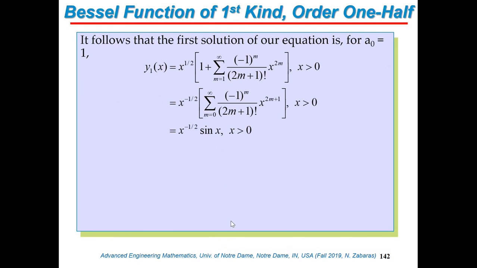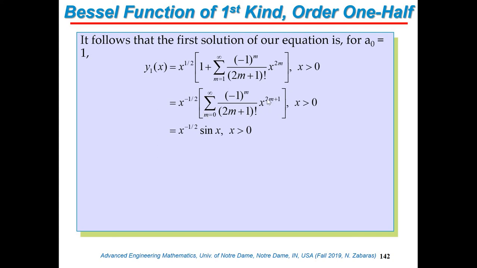And when you put all of this together, remember the solution is x to the power r, where r is equal to 1/2, and the leading coefficient a0 I took to be equal to 1. And you can actually rewrite this.